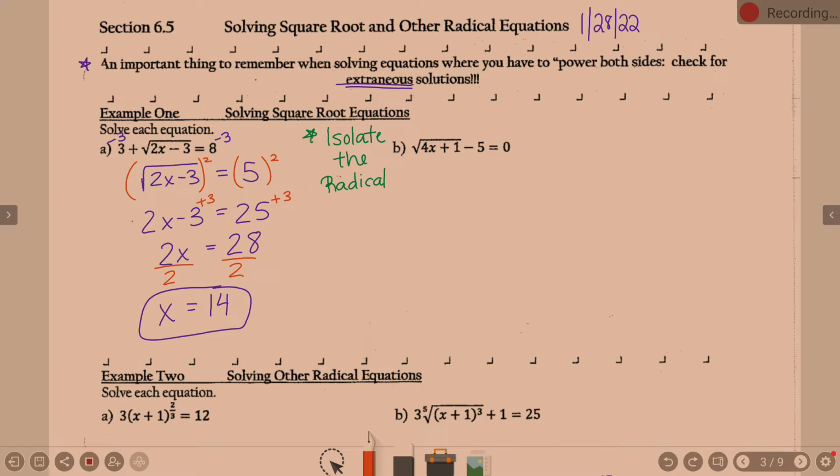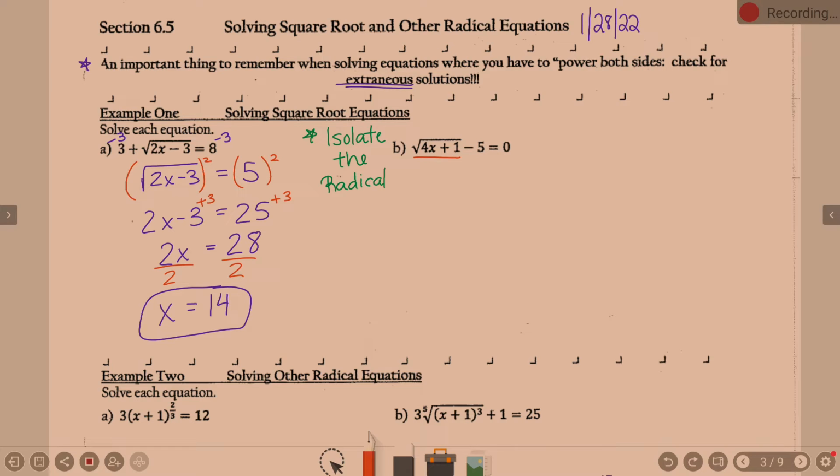Think you guys can do the next one? Already did? Awesome. Okay. Is my radical by itself? No. And when I say is the radical by itself, I'm asking: is the square root of 4x plus 1 the only thing on that side? No. So what are we doing?